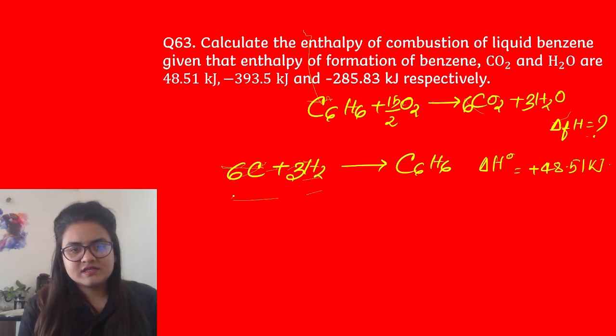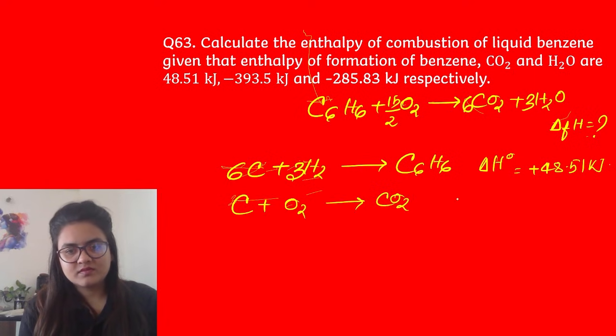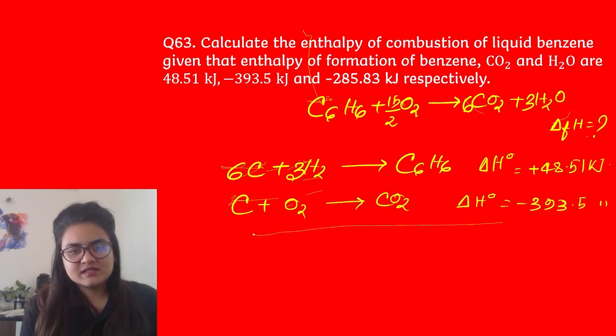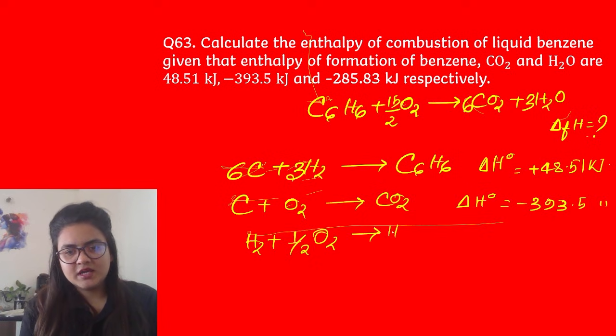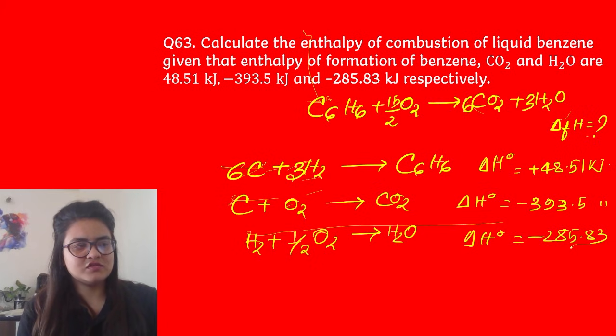Next equation, carbon dioxide I can make by C plus O2 will give you CO2. The enthalpy is given as minus 393.5 kilojoule. Next they are giving water. So H2 plus half O2 will give you H2O. The enthalpy value is given as minus 285.83. So utilizing these 3 equations, I have to come up with the combustion equation of benzene.